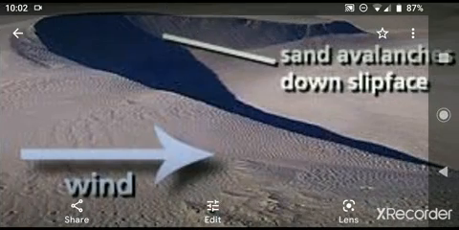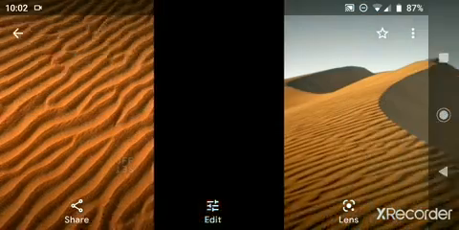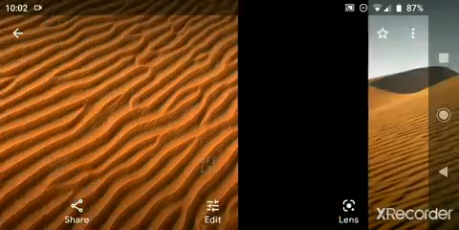Next, you can see these are the ripple marks. You can see how the ripple marks are formed on the desert. Easily you can see here how the ripple marks are seen. When wind blows over loose sand, the sand towards the bottom is pulled or pushed in the direction of flow, and a wave-like structure is formed.